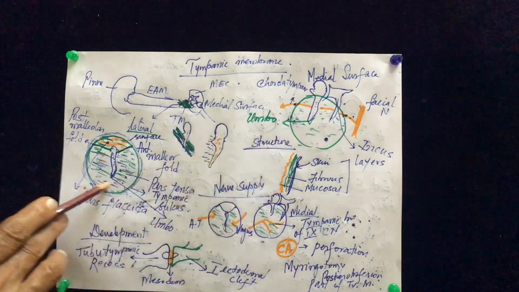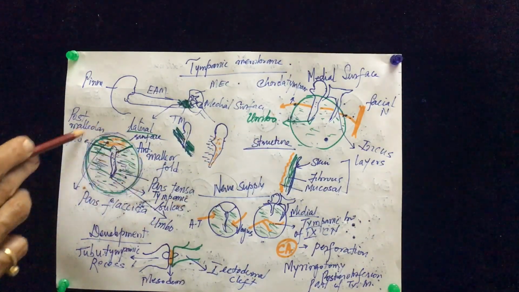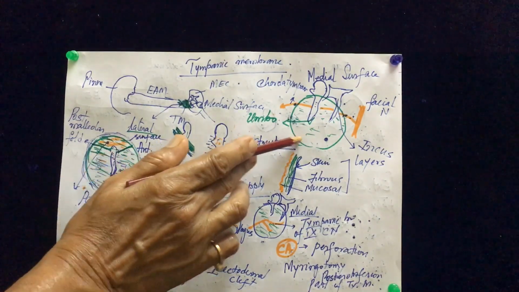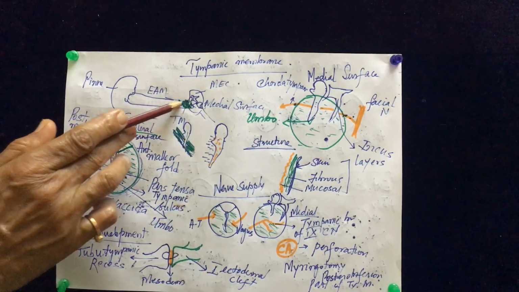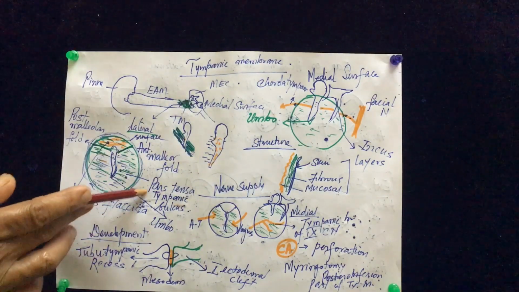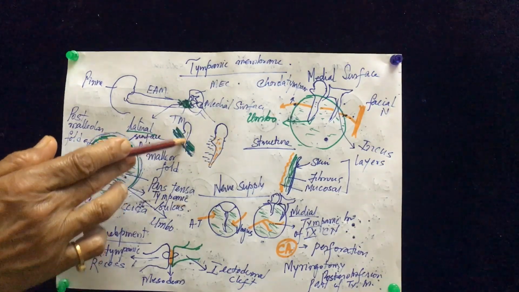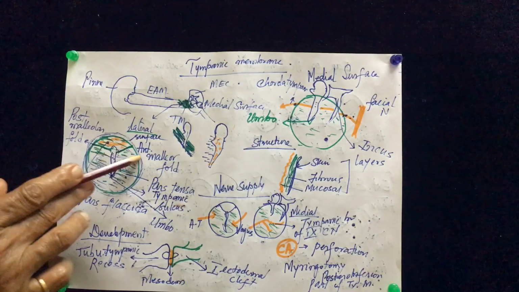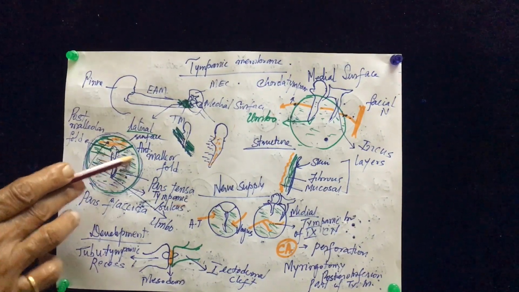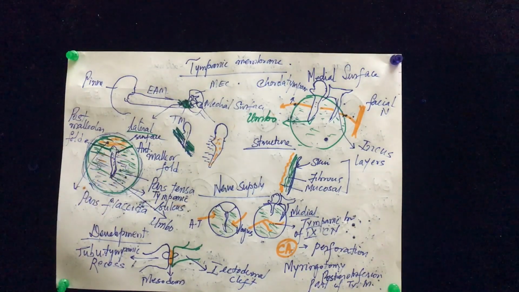Coming to the details of the surfaces, this is the lateral surface, this is the medial surface. The lateral surface is towards the external acoustic meatus. I told you already, the malleus is attached, so this is the attached part of the malleus. This whole thing is the tympanic membrane.